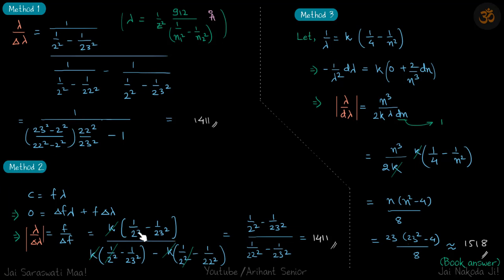So we'll do that, and at the denominator again delta f will be for the top line minus that of the penultimate line: 1 by 2 square minus 1 by 23 square minus 1 by 2 square minus 1 by 22 square. Solving this also you are going to get the same answer.